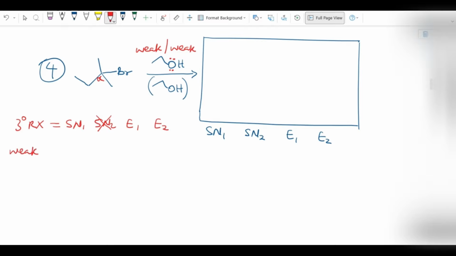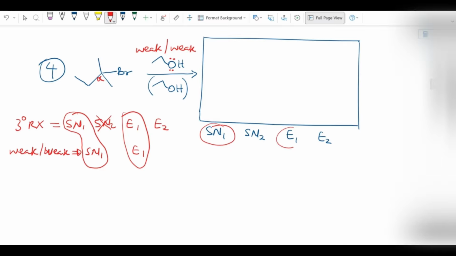So reagents that are weak nucleophiles and also function as a weak base can do only SN1 and E1. And they do these mechanisms concurrently. So the common denominators here are SN1 and E1. Therefore, the operative mechanism of this reaction will be SN1 and E1.